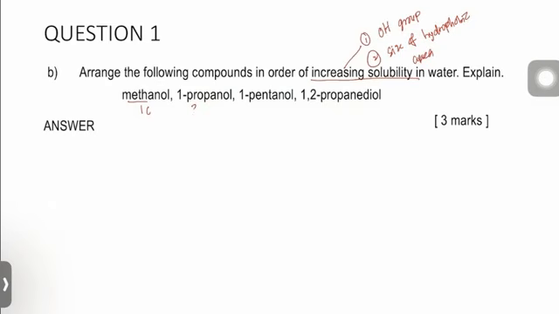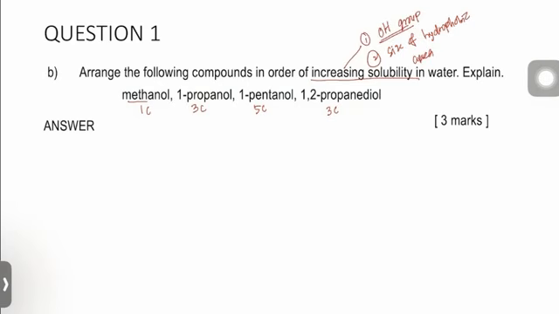Propanol contains 3 carbons and 1 OH group. 1-pentanol contains 5 carbons and 1 OH group, whereas 1,2-propanediol contains 3 carbons but has 2 OH groups. The first factor is the number of OH groups. The compound having the most OH groups will have the highest solubility. So 1,2-propanediol is the most soluble compound here.